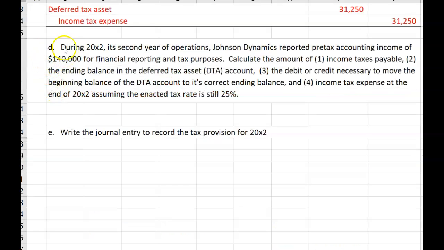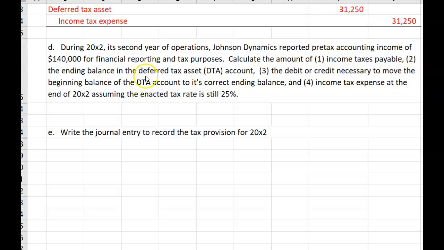Number D. During 20X2, its second year of operations, Johnson Dynamics reported pre-tax accounting income of $140,000 for both financial reporting and income tax purposes. Calculate the amount of 1. Income taxes payable, 2.